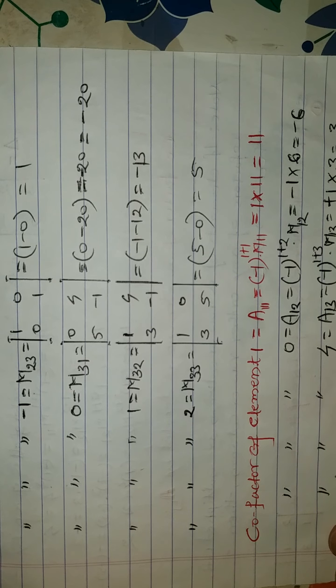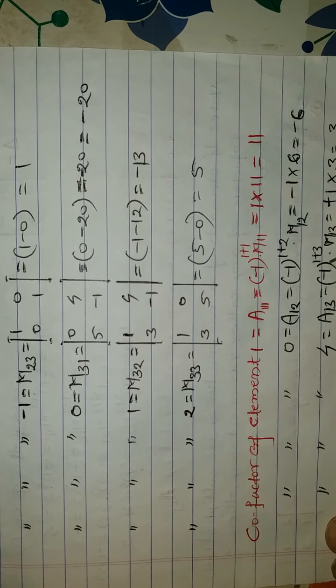The third one, cofactor of the third element, that is A13, which is 4. Cofactor is denoted by capital A13, that equals minus 1 to the power of first row, third column, because the element 4 belongs to the third column of first row.